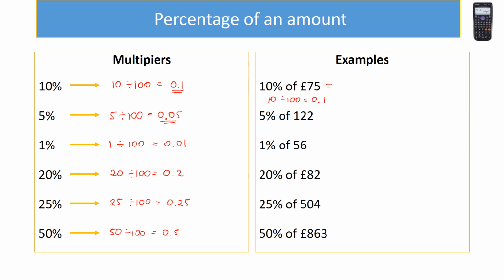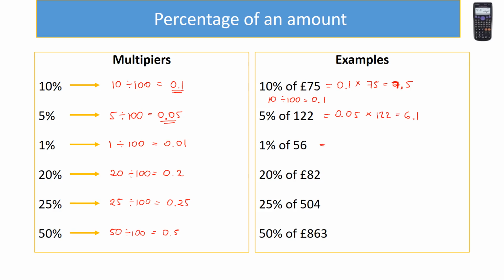This is the multiplier that you want to use, so that's 0.1 times 75, and that is 7.5. To find 5%, we can see from the left hand side that we need 0.05, that's the multiplier, and then times it by 122, and that is 6.1.